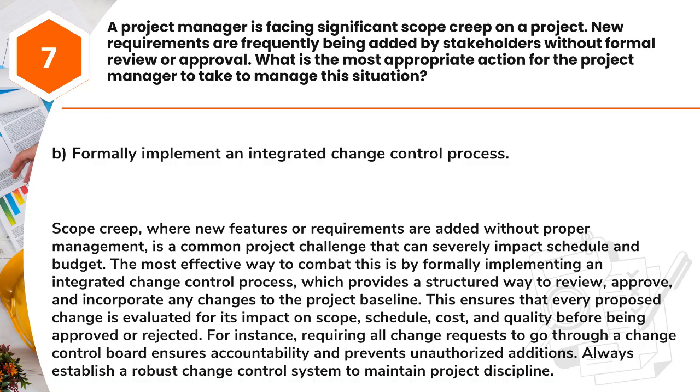This ensures that every proposed change is evaluated for its impact on scope, schedule, cost, and quality before being approved or rejected. For instance, requiring all change requests to go through a change control board ensures accountability and prevents unauthorized additions. Always establish a robust change control system to maintain project discipline.